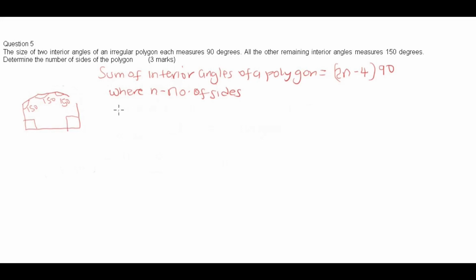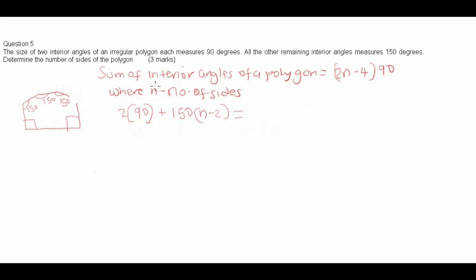So we know two angles measure 90 degrees, plus 150 times n, let's say n is the number of sides, but since we have already stated these two angles, we remove them from the number of sides, so it is n minus 2.